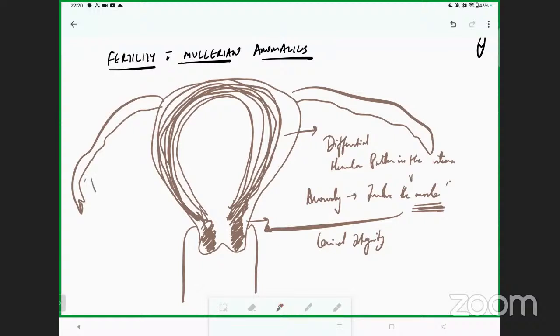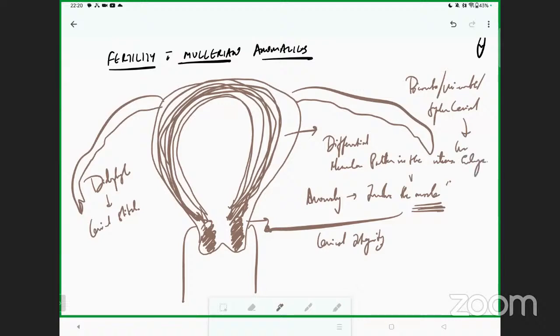Which is why in uterine didelphys, you do not need a cervical stitch or cervical encerclage. But if it is a bicornuate uterus, a unicornuate uterus, or a septum in the cervix, in all those situations your cervical encerclage is mandatory.